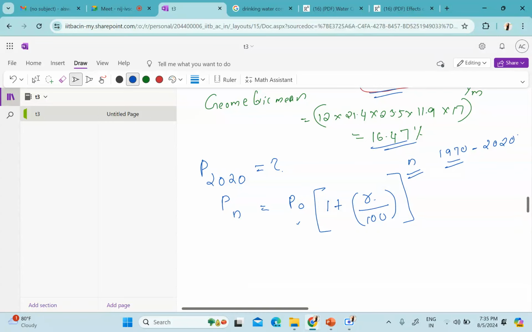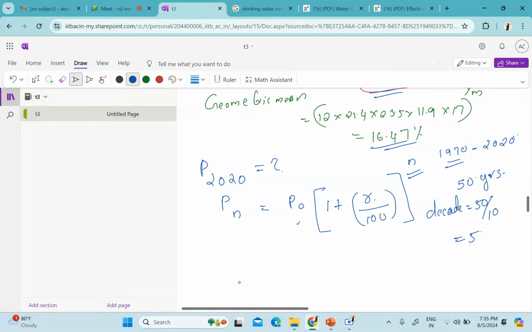I think this is 50 years, right? Anybody has doubt? And then how do you convert into decades? 50 by 10, that is 5. So this n value is 5.